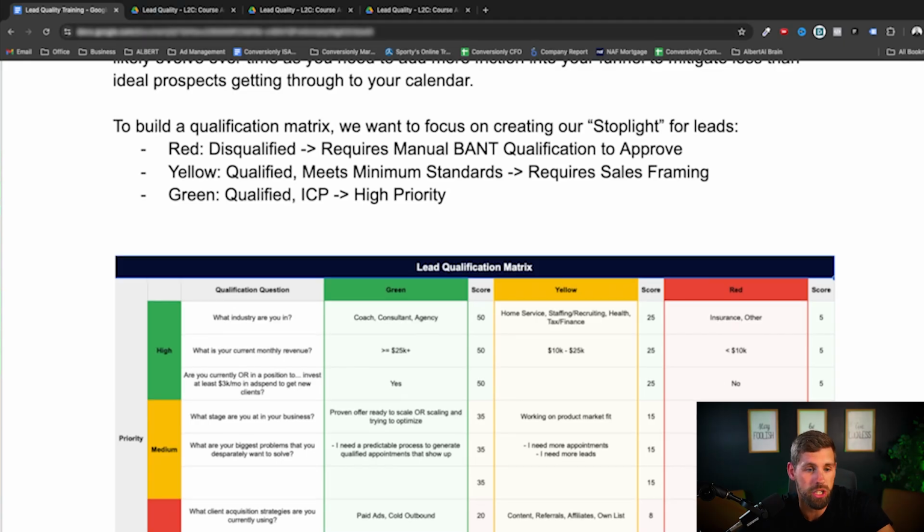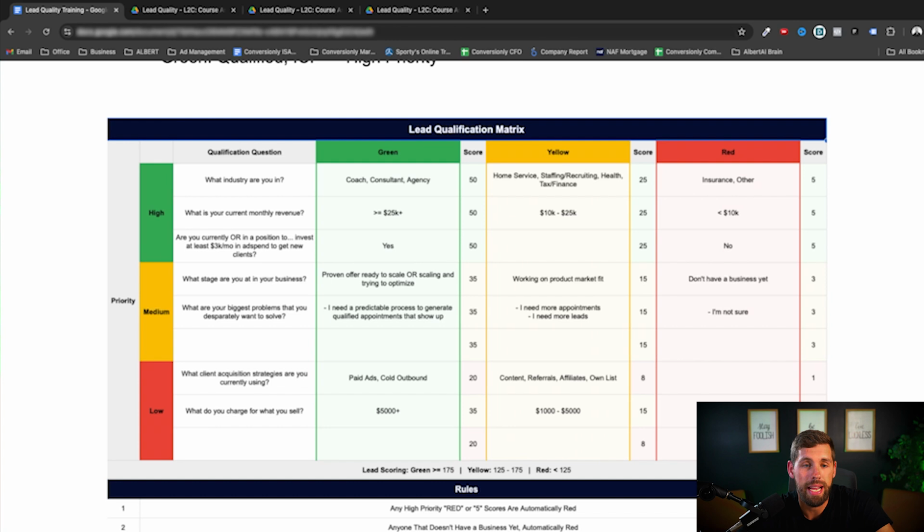Now, the lead qualification matrix, as you look at it, it can be a little bit convoluted at first when you see this. But over on the left-hand column, you can see we have a priority in green, yellow, and red. Green means this is the highest priority questions. These questions are going to influence whether or not we can work somebody. If we have a red response, we want to disqualify these people automatically.